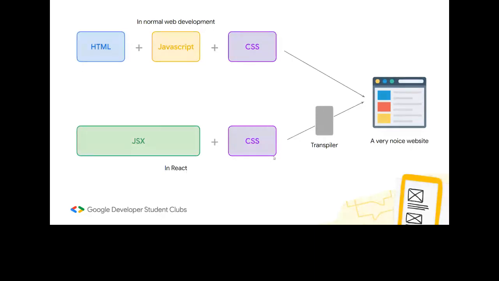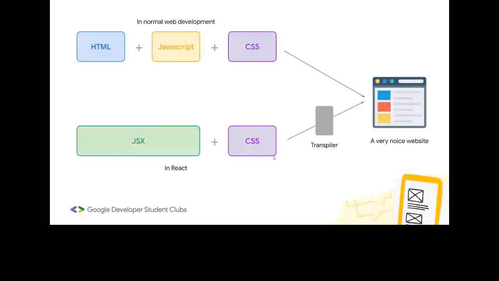Now, our browser cannot really understand this React code. Our browser only understands three things, that is HTML, CSS, and JavaScript. So, in order for our browser to understand this, we need something called a transpiler. The job of this transpiler is pretty simple. Whatever JSX we had written, it simply segregates this JSX back into HTML and JavaScript.